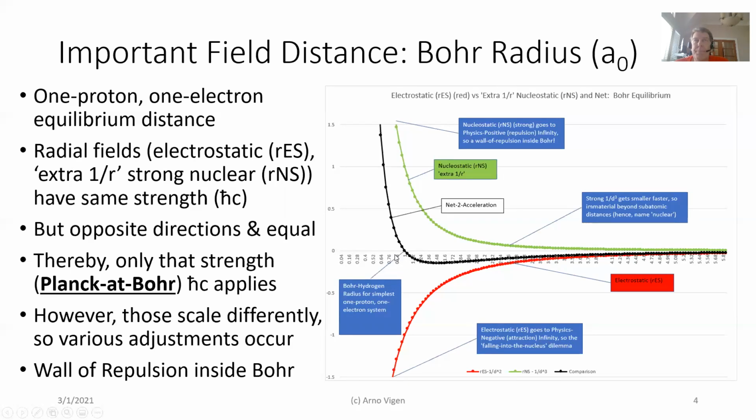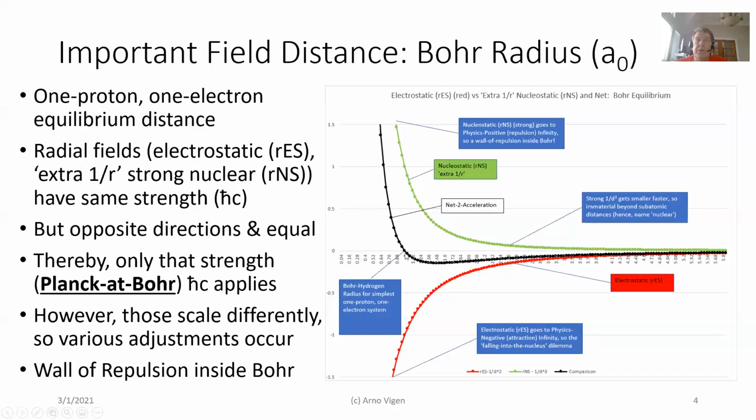This black line becomes a wall of repulsion inside the Bohr radius. And obviously, if you have more nucleons, that distance changes based upon the counts in there. But there is a wall, and that is why electrons are not falling into the nucleus, because of this secondary force.